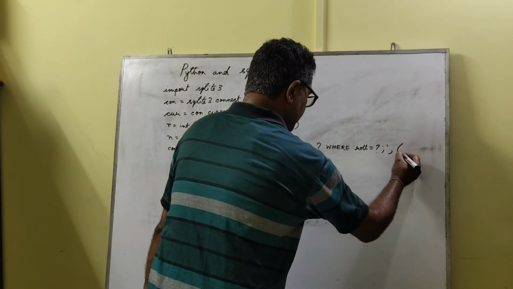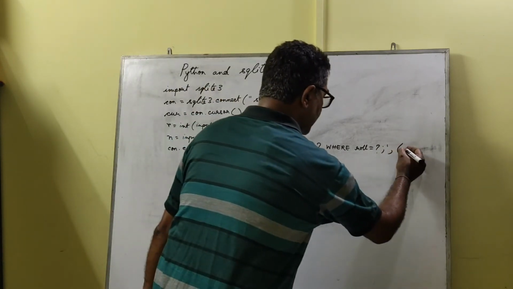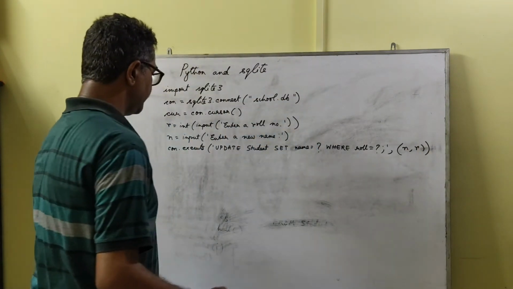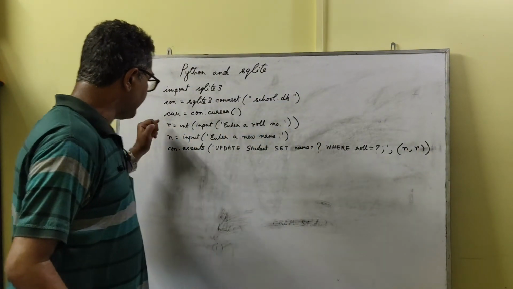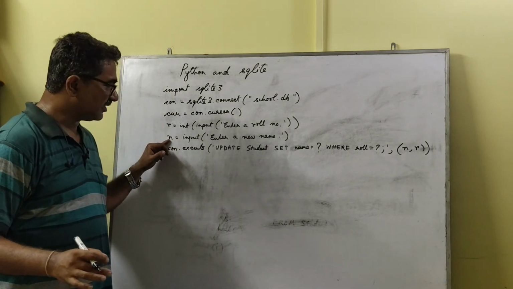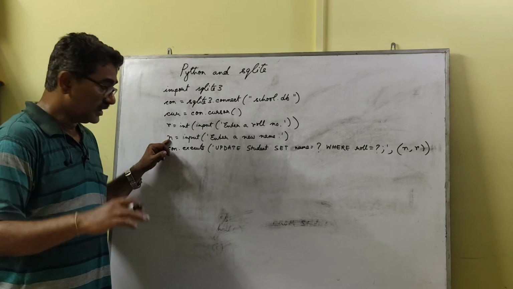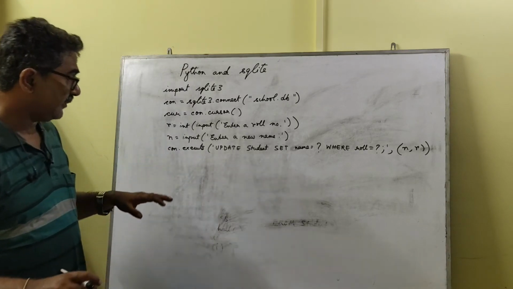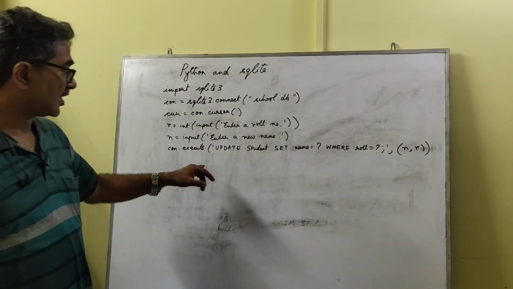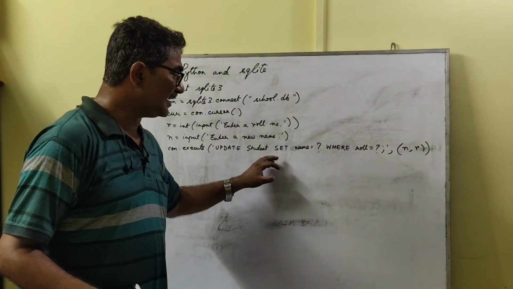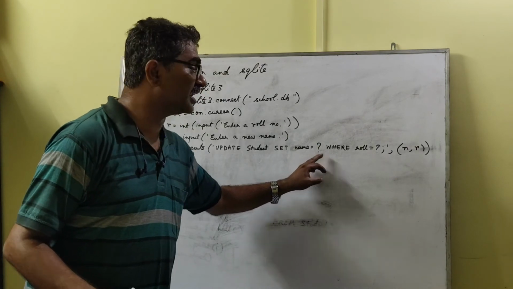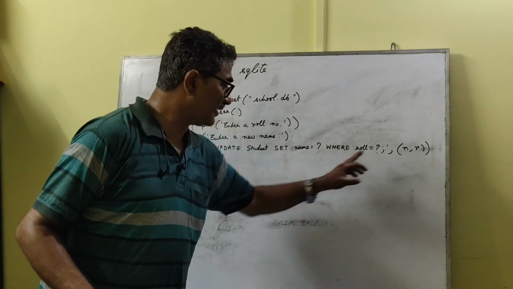Now here the tuple will contain n comma r. I'll tell you the significance of this. What I'm doing is, I'm accepting a roll number whose name I want to change, and n is the variable where I accept the new name to replace the earlier name, and here I'm issuing this particular command using the execute function: update student set name equal to, the first question mark will be replaced with the first content of the tuple, that is n.